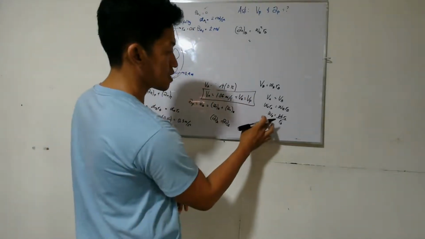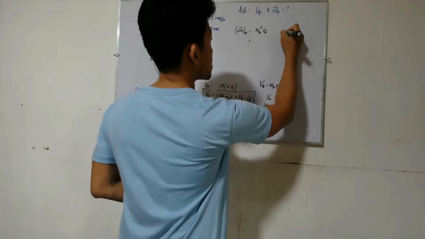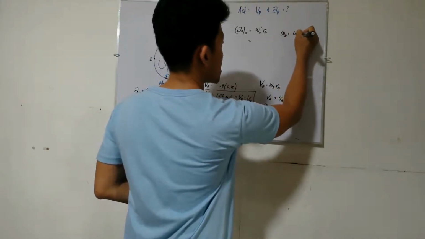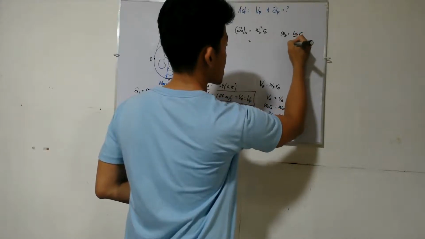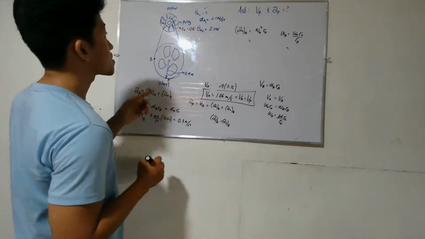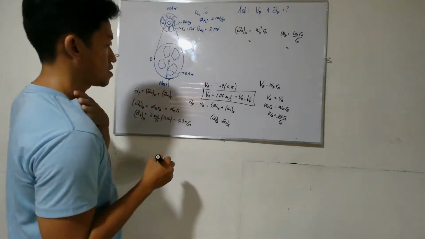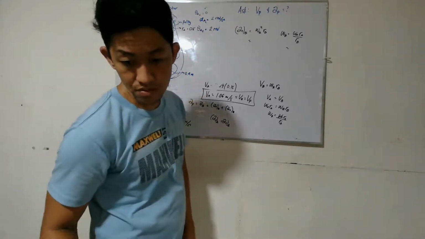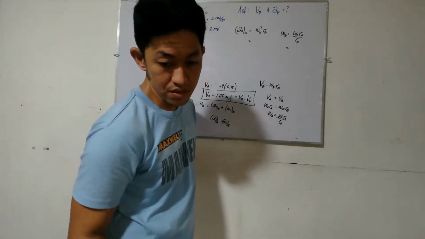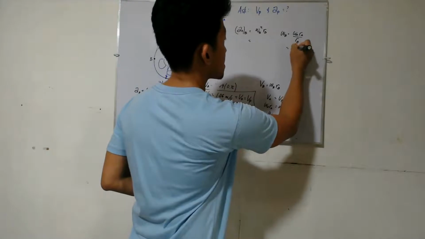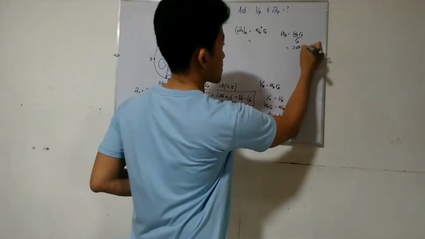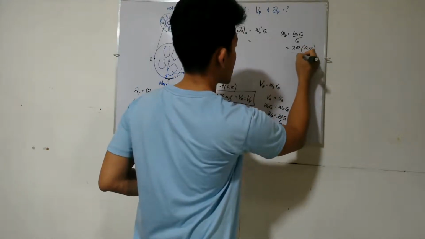You get it here: omega B is omega A RA over RB. Omega A is 7.09, RA 0.15 over 0.4.